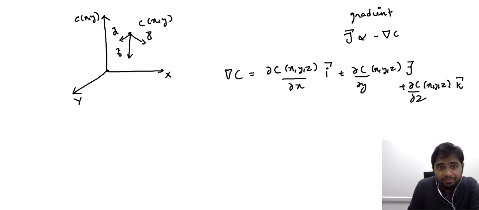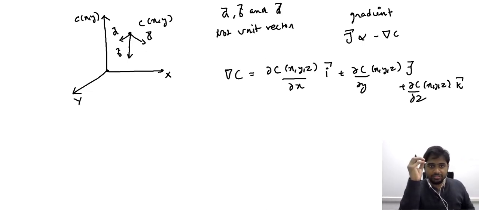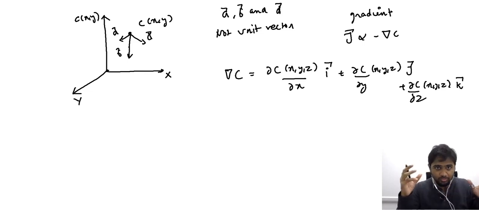So what we have here is three directions that are represented by three vectors. We have direction A, direction B and direction D, and these directions are represented by these vectors, and these are not unit vectors. We have considered a concentration that is of interest to us at a point, and we have considered three different directions along which there exists a non-zero or non-trivial gradient.